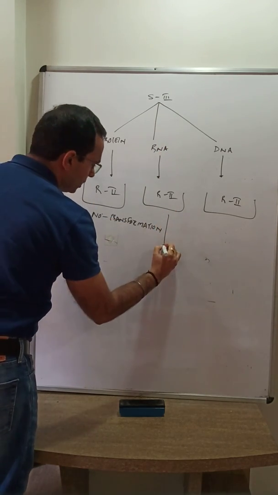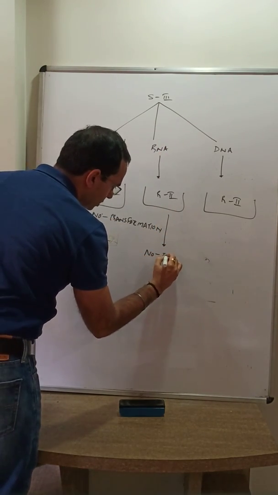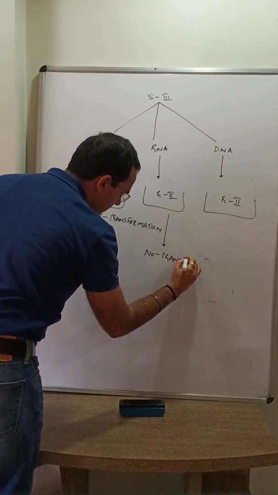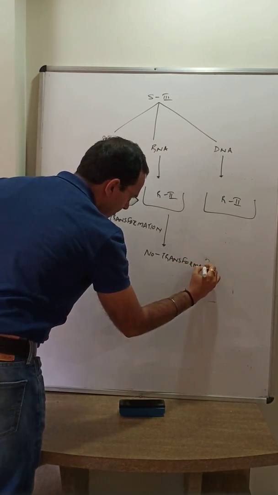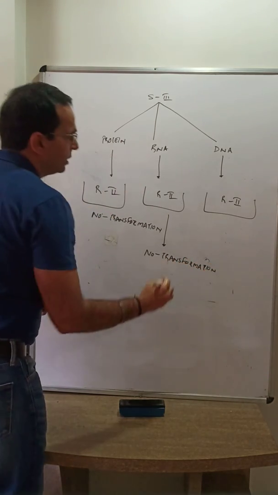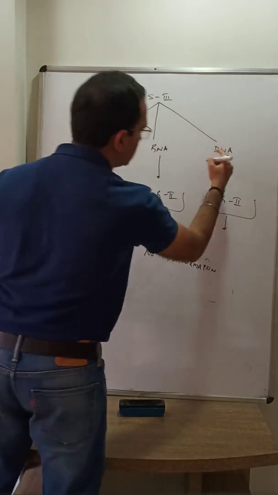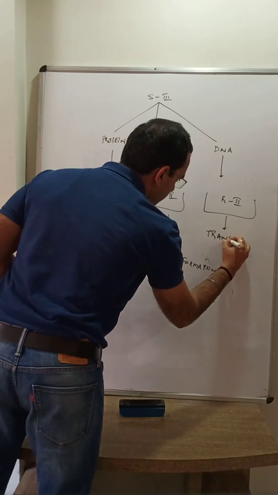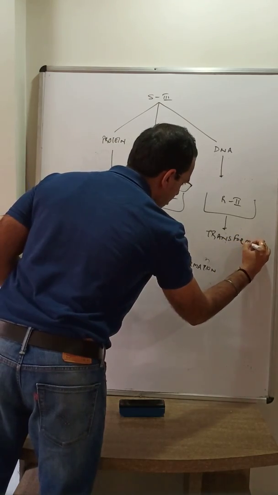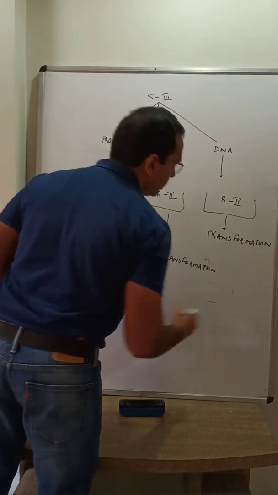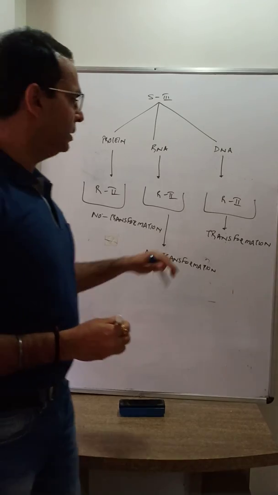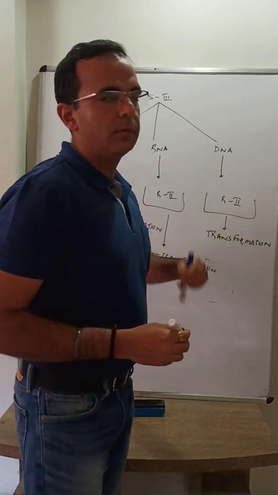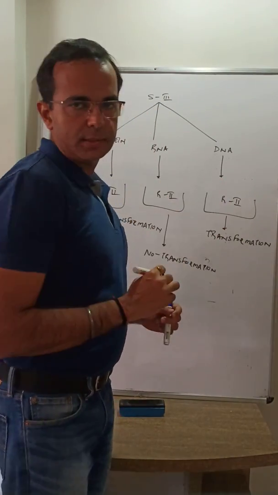Again, in this part, there was no transformation. But in the third one, when they took the DNA of S3, there was transformation. And when I say transformation, that simply means the R2 gets converted into S3 and kills the mice.